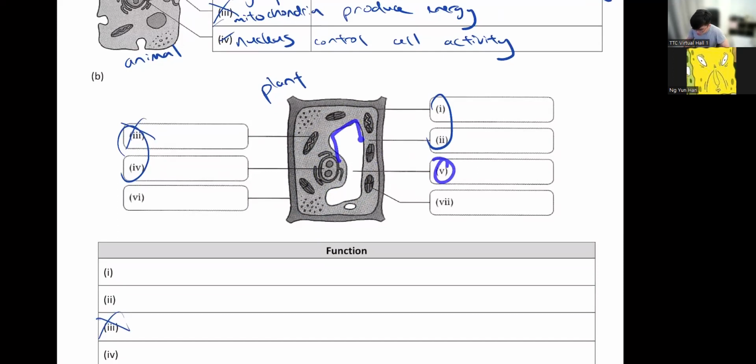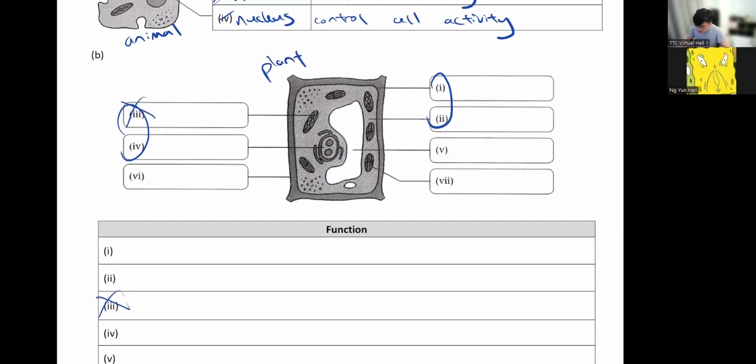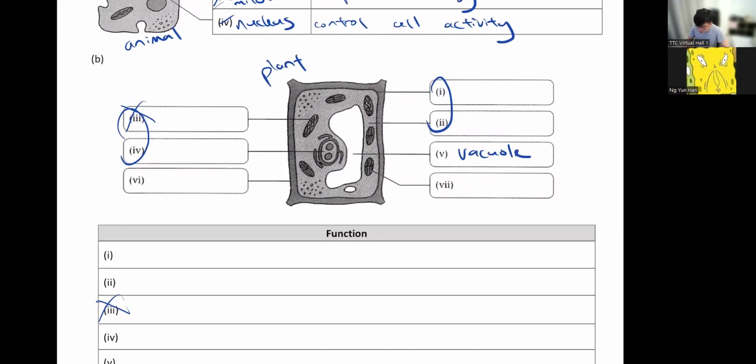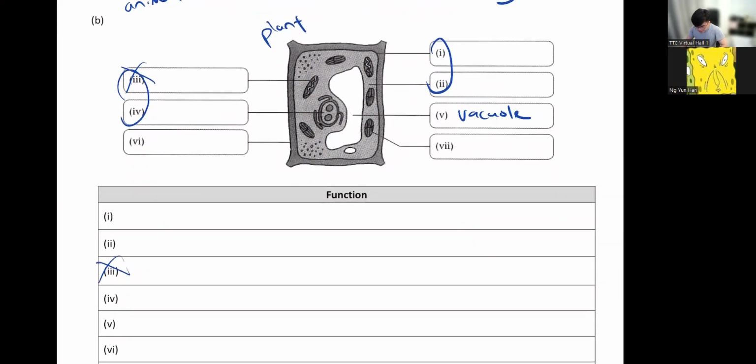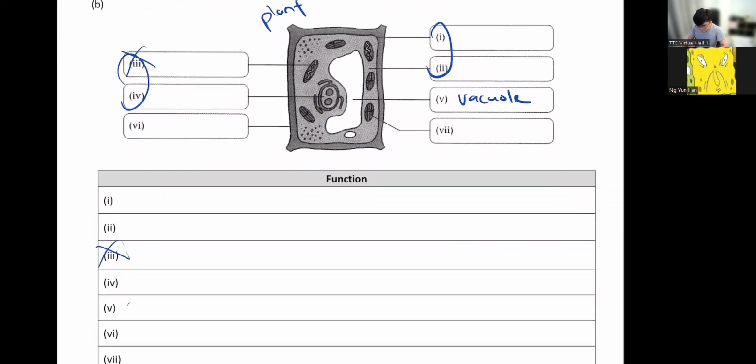Okay, so what is this white color part called? This is called the vacuole. So what do they do? They contain the cell sap. Okay, what is a cell sap? Cell sap are all the things that the plants need.